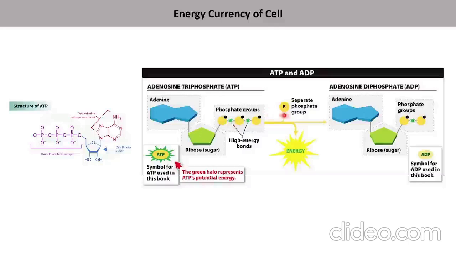So what happens is, when any kind of cell requires energy to process any reaction or any mechanism that has to happen in the cell, it basically removes one phosphate group. And every time a phosphate group is removed from this ATP molecule, some energy is released.